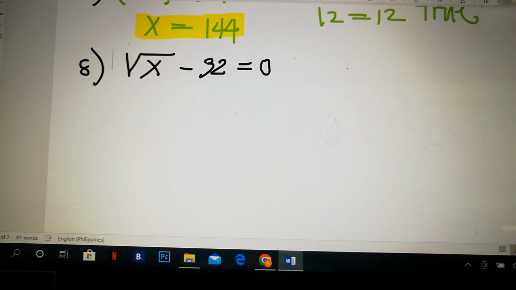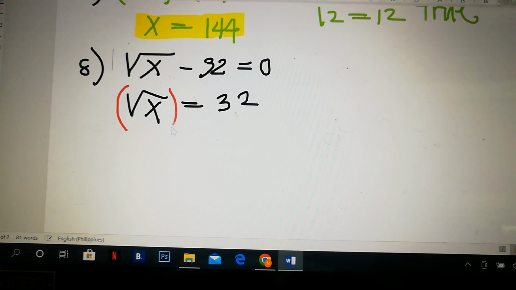Square root of x is now equal to 32, because if you transpose a negative to the other side of the equation, it becomes positive. So square both sides of the equation to remove the radical. Square the left side, square the right side. Square root of x squared is equal to x.